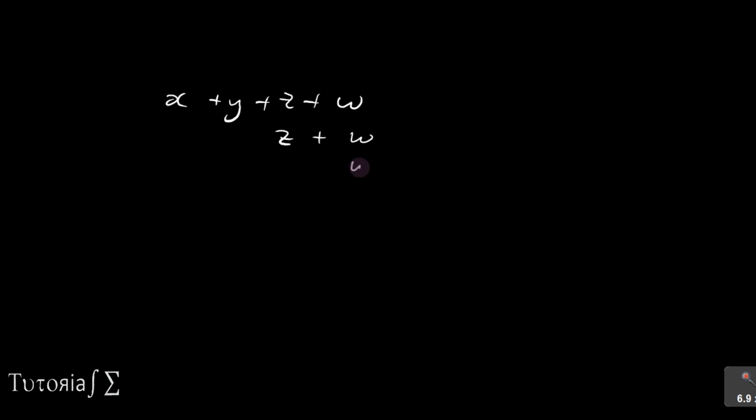Let's have w here. And this equals 0, this equals 4, this equals 5. So suppose you have that, okay?